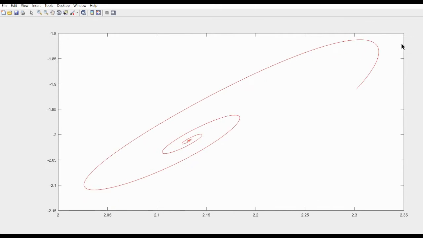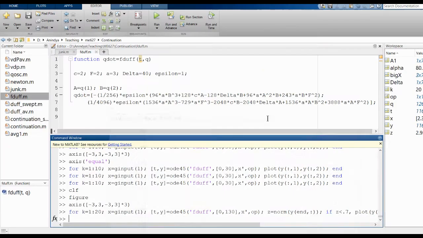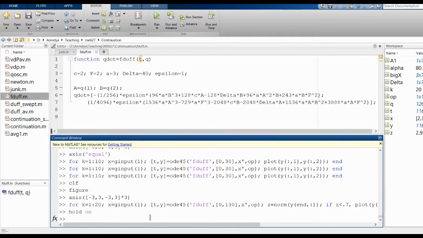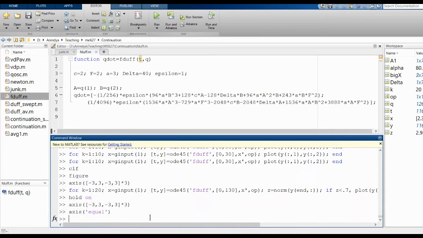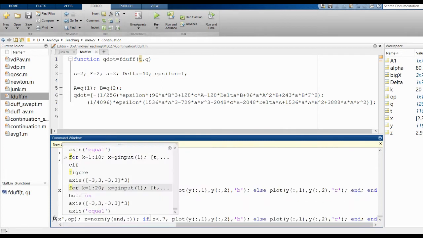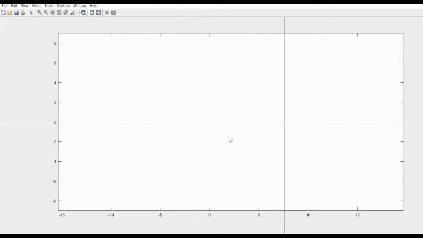Okay, I forgot to put hold on, and this will help you. Axis, axis 4. Okay, so this will help.